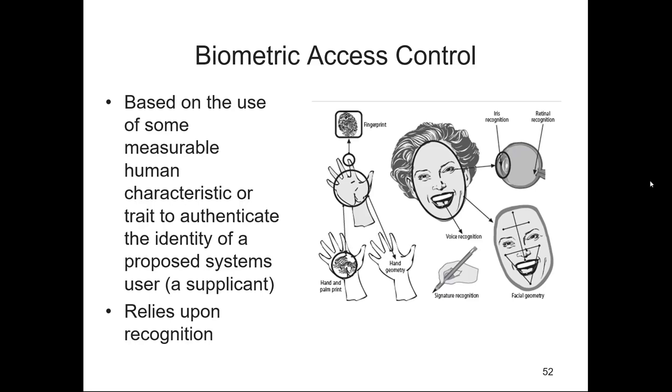Biometric access could include the use of fingerprint comparison, and that is now in most phones. About 90% of smartphones now use fingerprint, even laptops. The small mobile devices are using fingerprint.